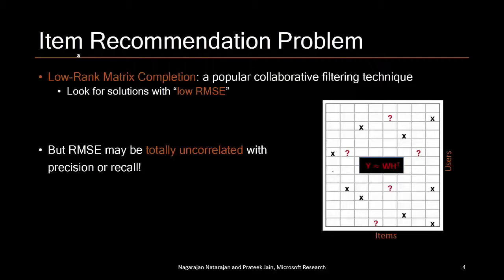But the problem is that having a low RMSE need not translate to having, let's say, high precision or recall in the top few items that you are interested in. So this may not be the right approach if you have a different metric in mind, or if tomorrow you want to take the solution and apply it to a different domain, for example.